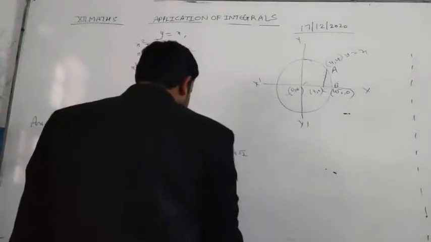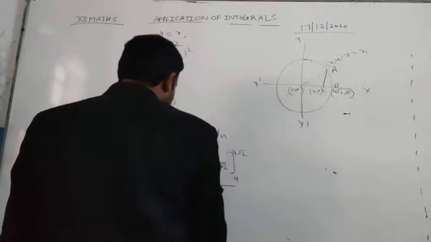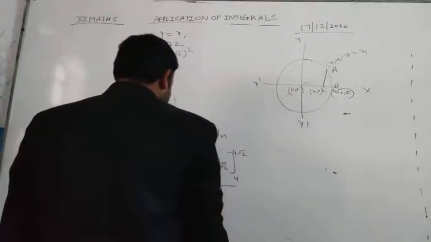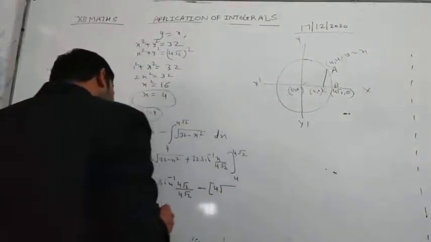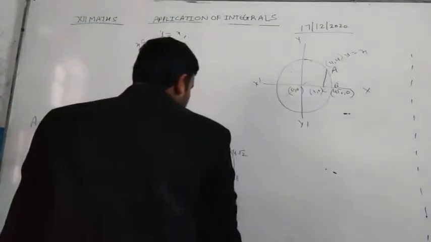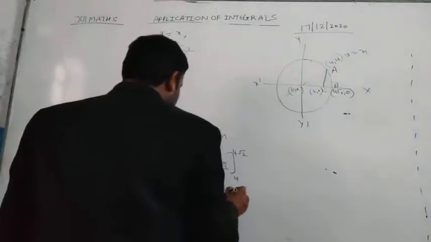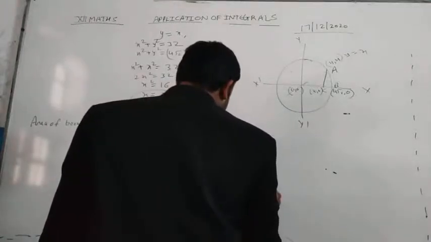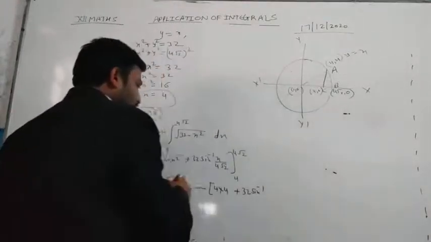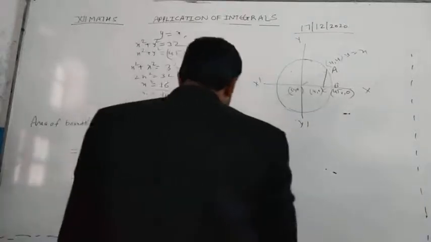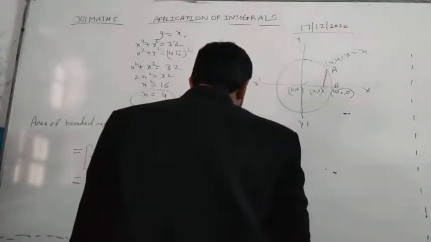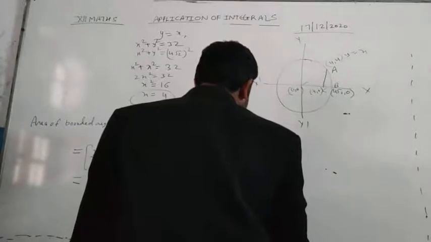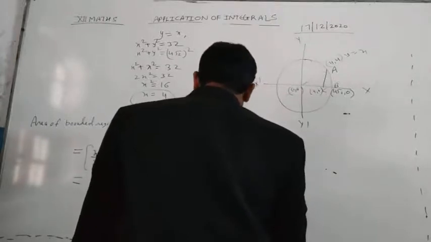Here we are getting 4 under root 32 minus 16, and the square root of 16 is 4, plus 32 sin inverse of 4 by 4 root 2, where 4 and 4 reduce and we get 1 by root 2, and 1 by root 2 is sin pi by 4.